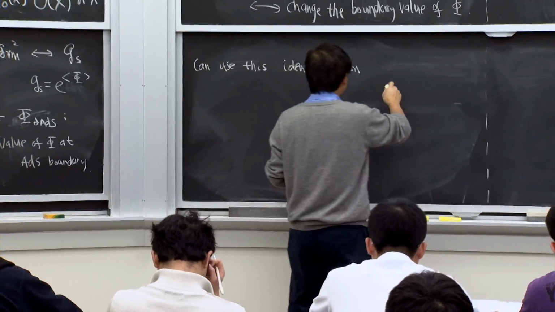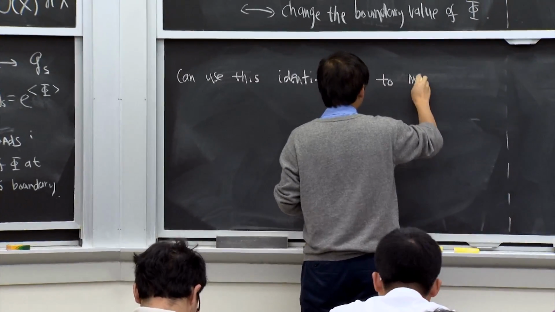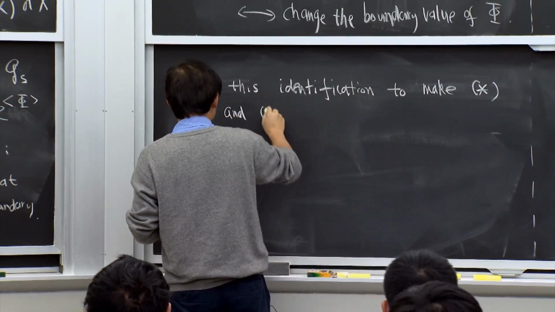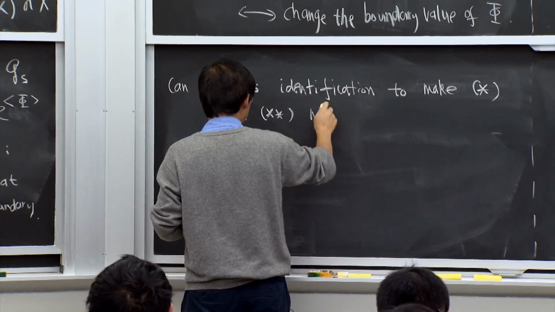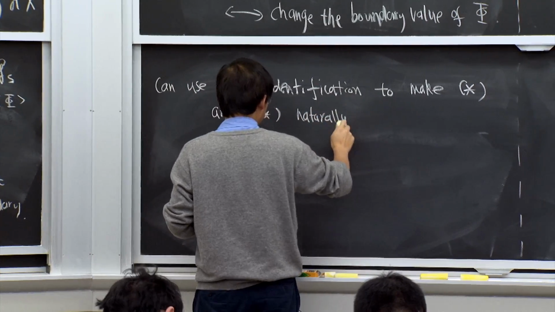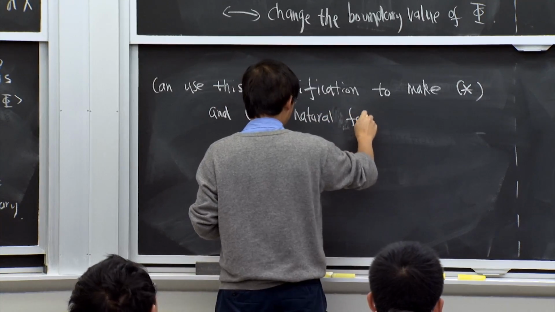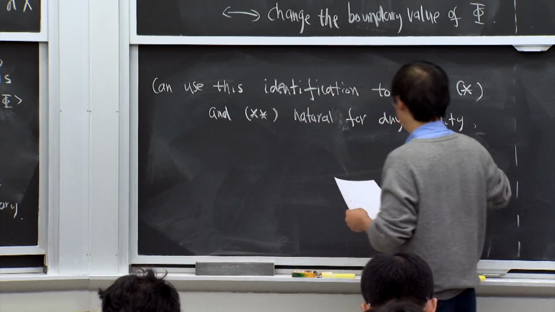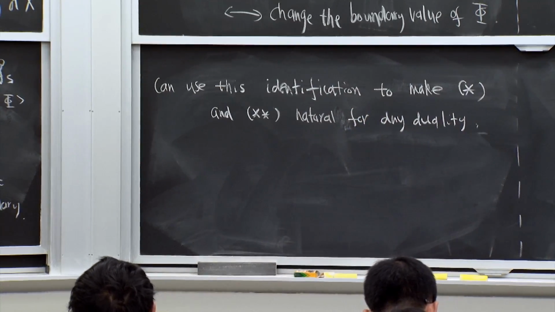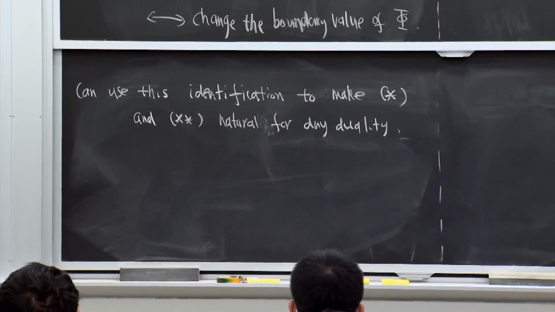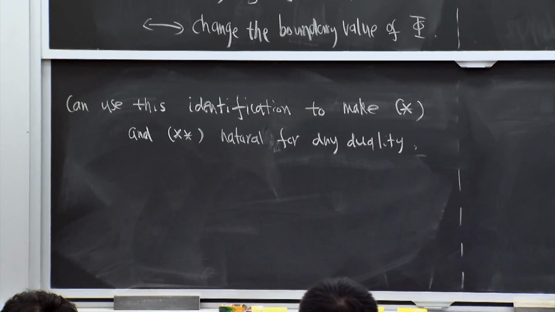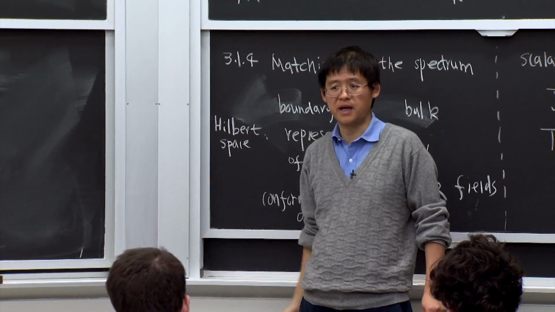We can use this identification to make star and star natural for any duality, not only say N equals 4 super Yang-Mills and type IIB gravity. That is, any conserved current in the boundary theory must be dual to some gauge field on the gravity side, and the stress tensor should always be dual to the metric.